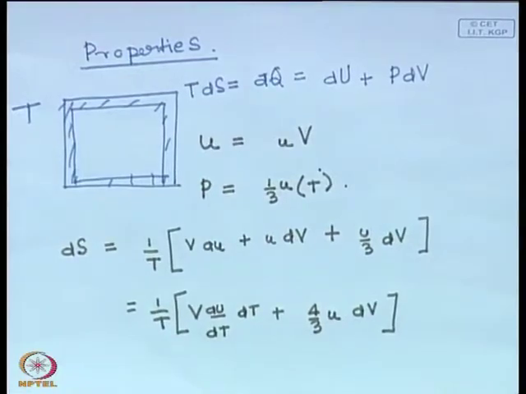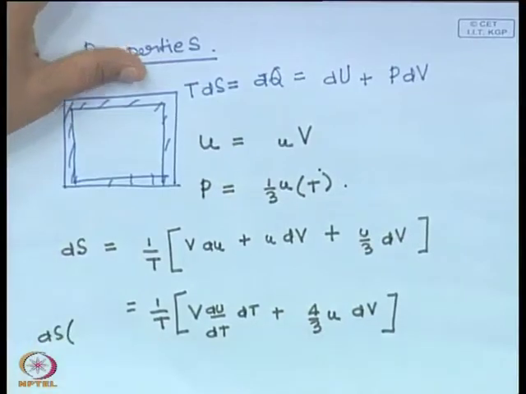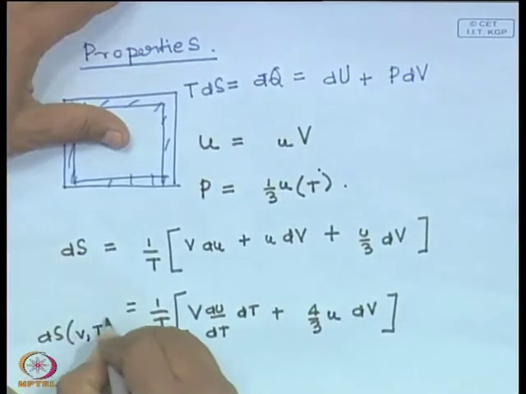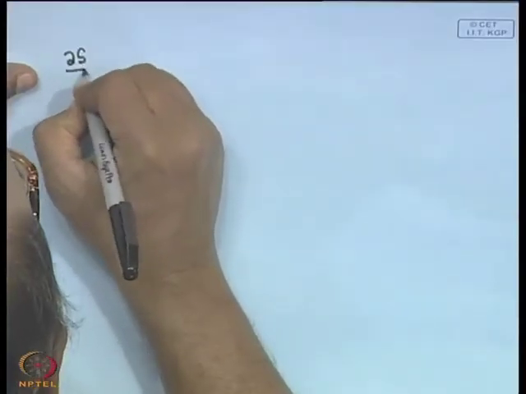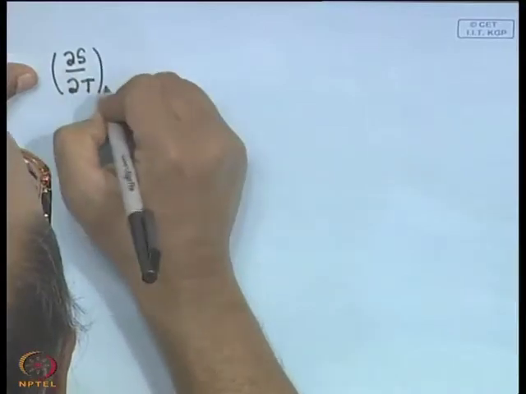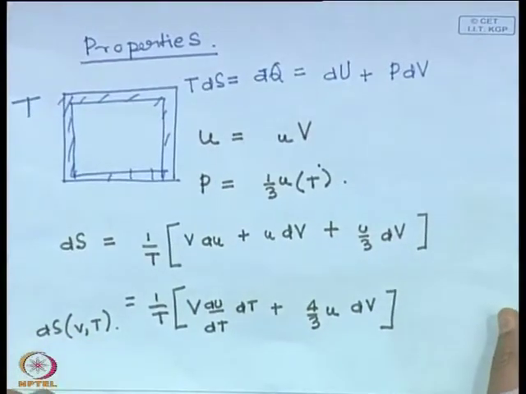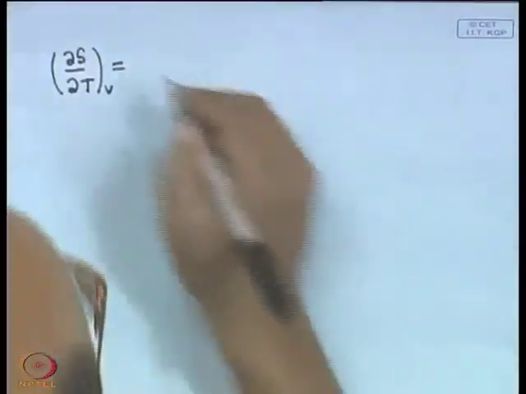Right. Now, the entropy we know is a function of any two of the variables P, V and T. So, we write it as a function of V and T. So, from this, the derivative of the entropy with respect to temperature at a fixed volume you can read off now, that is V by T into du/dT.